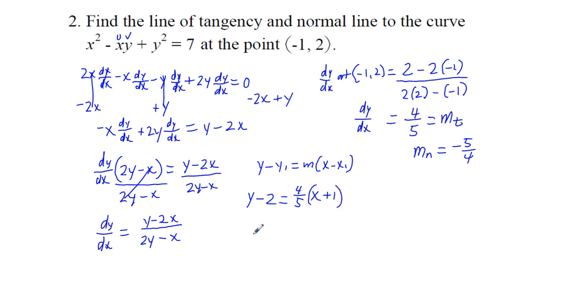So this is our tangent line. And then our normal line is going to be the same thing here, except y minus 2, that's the same, equals negative 5/4 times quantity x plus 1. So that's going to be our normal line at that point of tangency.